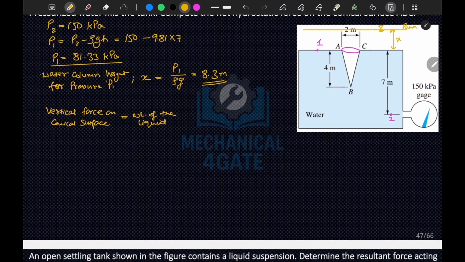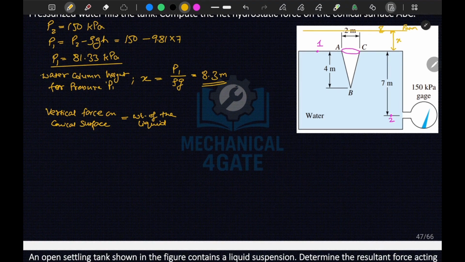Okay, now this weight, here it will form a cylinder on the top and a cone at the base. Okay, so if I talk about the volume of the cylinder and cone, the weight is equal to rho g V.